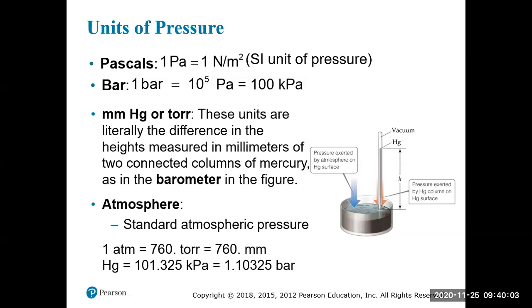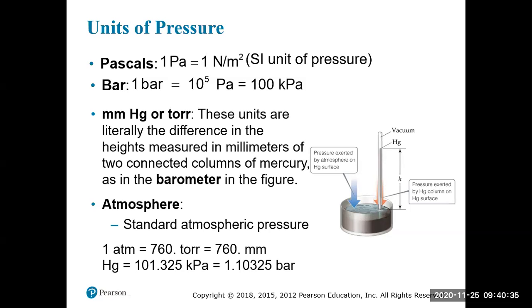On one side, you have the pressure on this mercury that's exerted by the atmosphere. The other side is a tube that's been evacuated, and the mercury goes up or down depending upon how much pressure is exerted on that pool. That pushes up the mercury in the tube, and the height you measure from the pool of mercury to the top of the mercury in the tube is the millimeters of mercury.